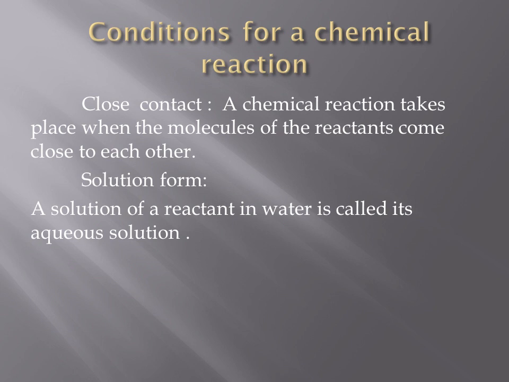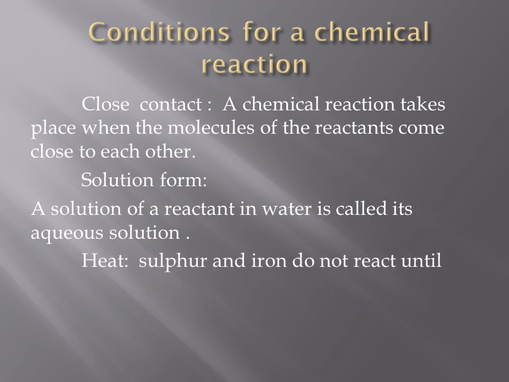But these reactants react when they are in the form of solution, that is, sodium chloride solution and lead nitrate solution. When these solutions are mixed together, they react to form lead chloride and sodium nitrate. So, certain reactions take place only when the reactants are in the form of solution.